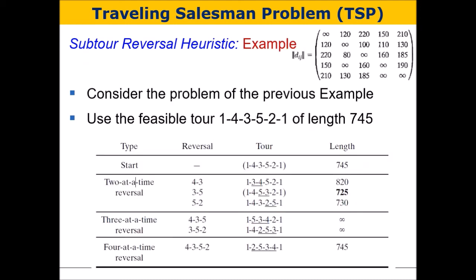Let's consider the same example that we solved with the nearest neighborhood algorithm, for which the distance matrix is given in this table. And we are going to apply the reversal heuristic, or the subtour reversal heuristic. This is an improvement algorithm, which means that you need to start with an initial solution.